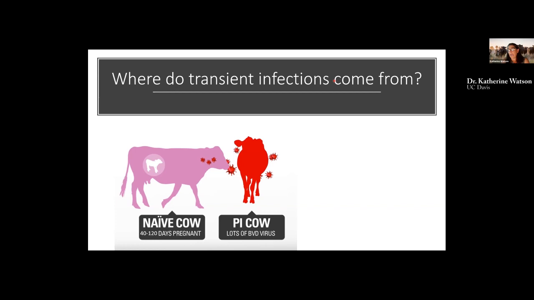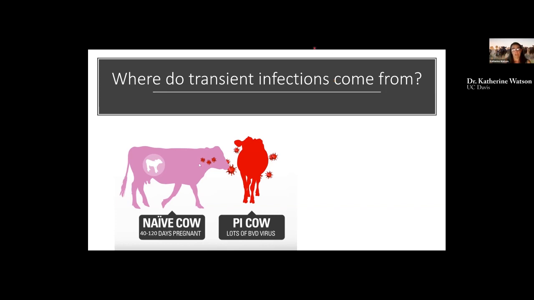And so how do we get a transient? How do we actually get something that makes a transiently infected cattle? It's when a naive cattle comes in contact with a PI cattle. So a PI cattle is a persistently infected cow. This is a cow that sheds a lot of virus all the time. So how did we get a persistently infected cow?